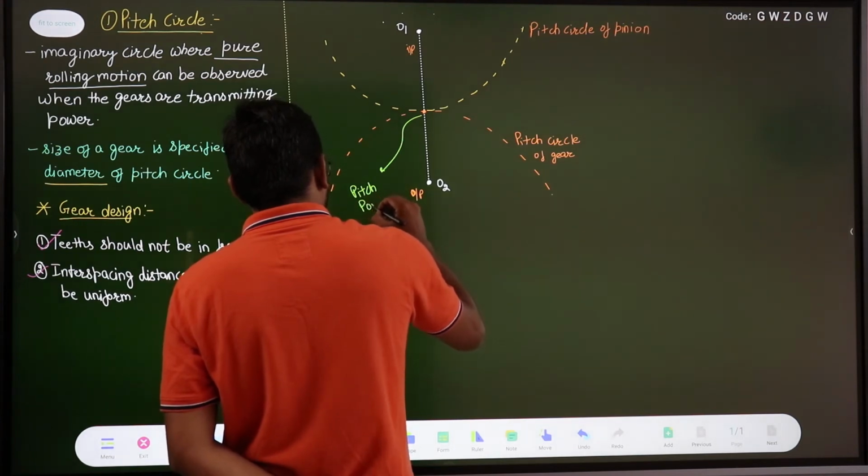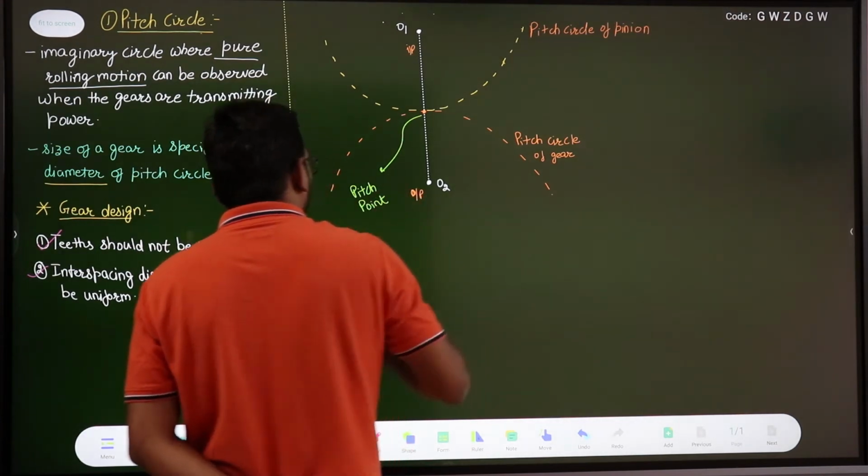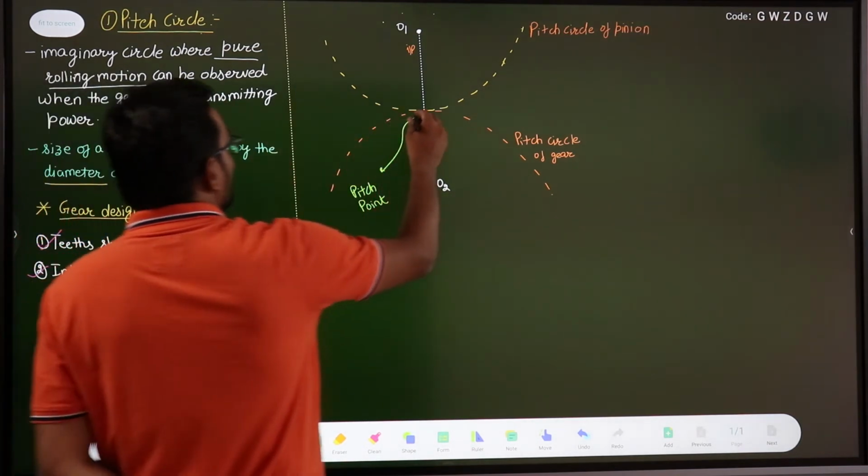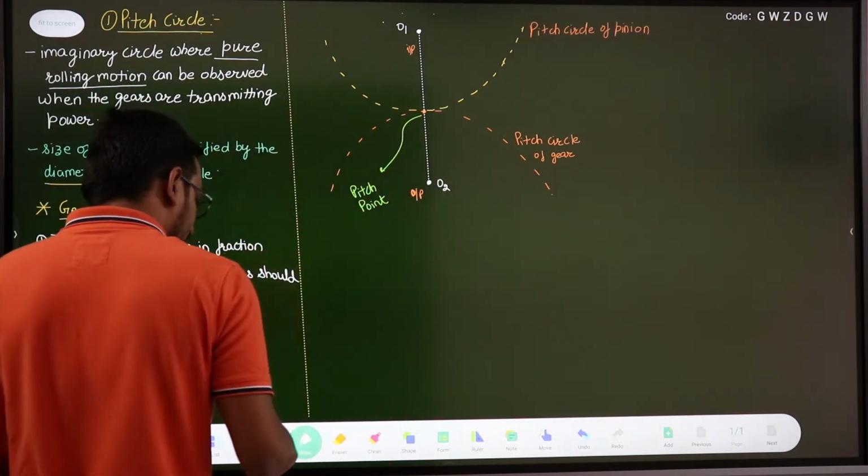We will discuss the importance of this pitch point later on. Where these two pitch circles touch each other, this is known as the pitch point.